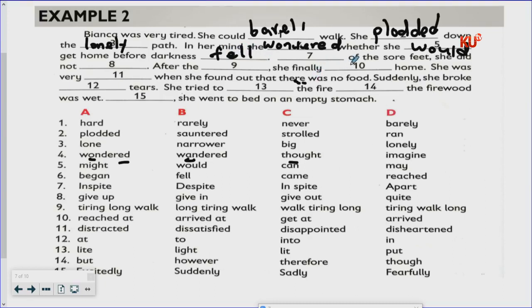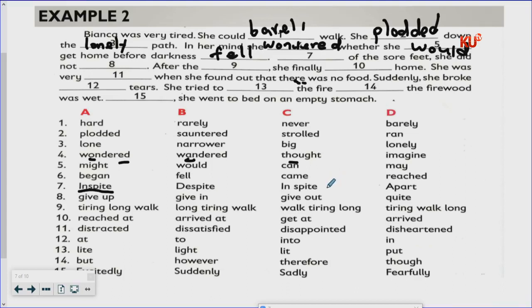Dash of the sore feet. She did not dash. Number 7. In spite of the sore feet, but it is misspelled because in spite is two words, so it is not correct. In spite of the sore feet, she did not dash. Despite of the sore feet, despite is not correct because of its meaning. It is the opposite of in spite.